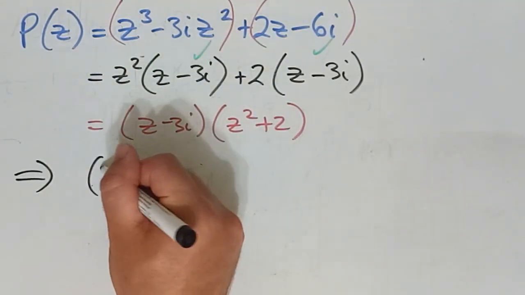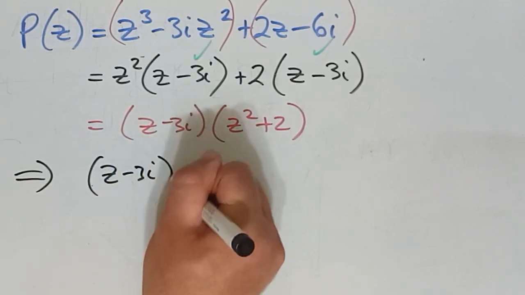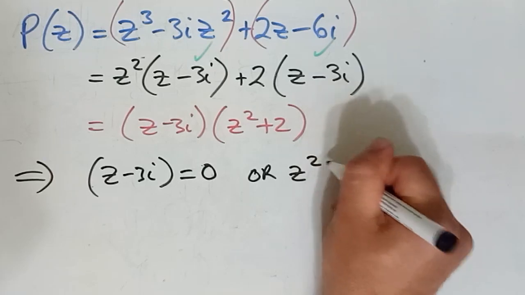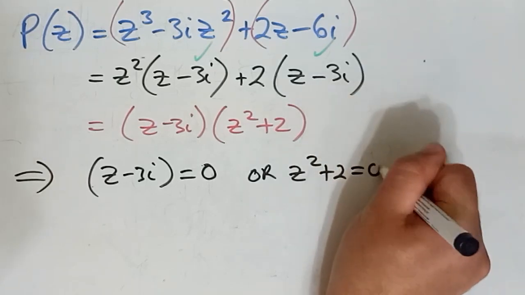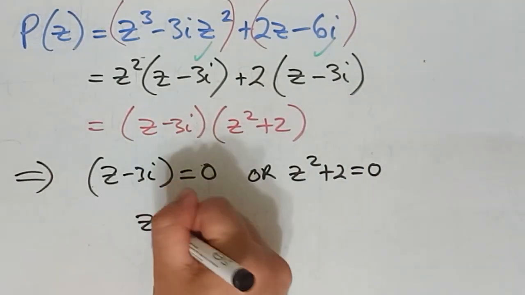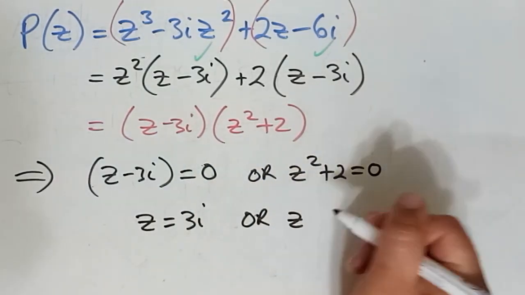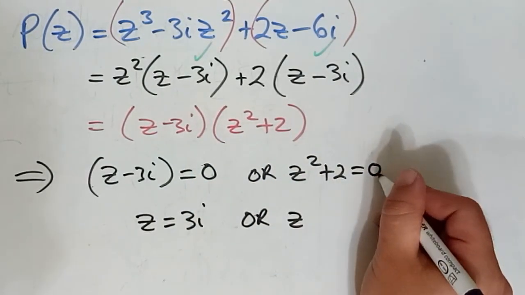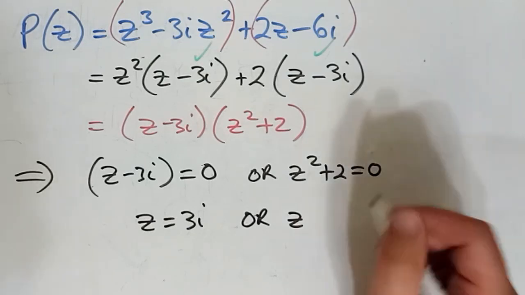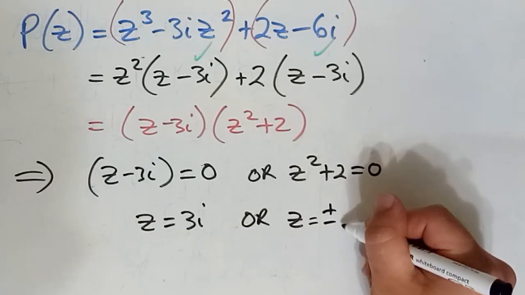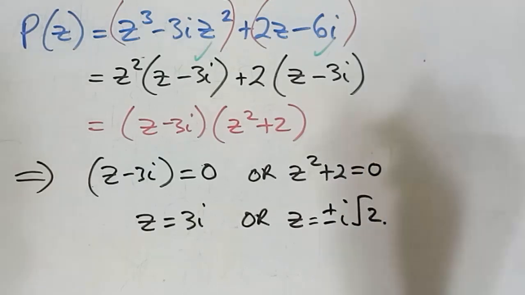So I've got z minus 3i equals 0, or z squared plus 2 equals 0. Okay, so I get z equals 3i, or z, now I get negative, I make it i squared, so I get z equals plus or minus i root 2, which we had before as well.